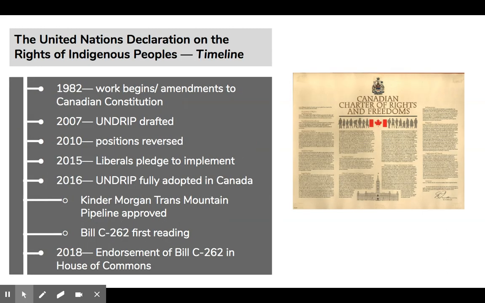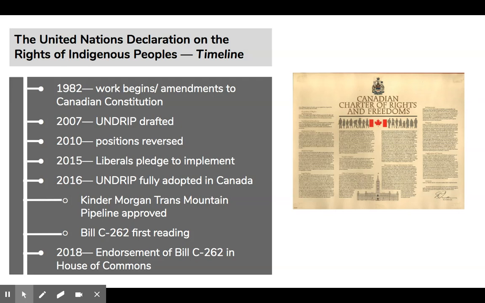I've included a timeline here with significant dates to help you see the Declaration in its larger context here in Canada. In 1982, the Economic and Social Council established the Working Group on Indigenous Populations with the mandate to develop a set of minimum standards that would protect Indigenous people.